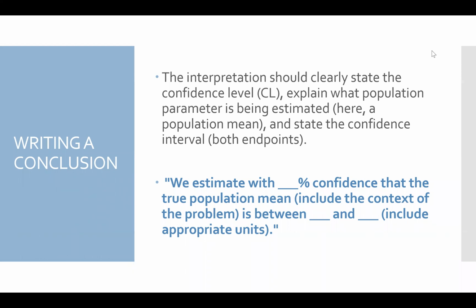We estimate with whatever percent confidence that the true population mean, and you've got to put it in the context of the problem, the true population mean age of GHC students in fall 2022 is between the lower bound and the upper bound, and you want to include the unit. So if it's years or inches or dollars or whatever. And again, I think that'll make more sense as we actually put some numbers in there and walk through the problem.